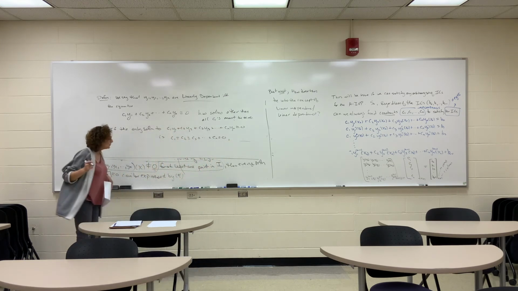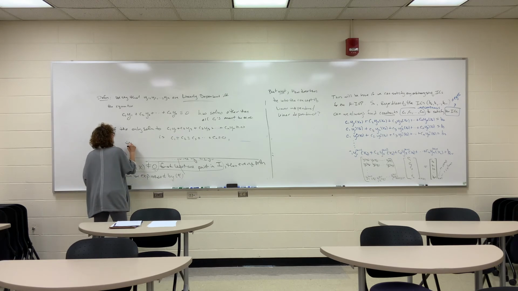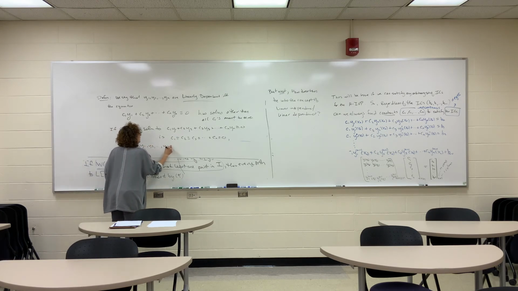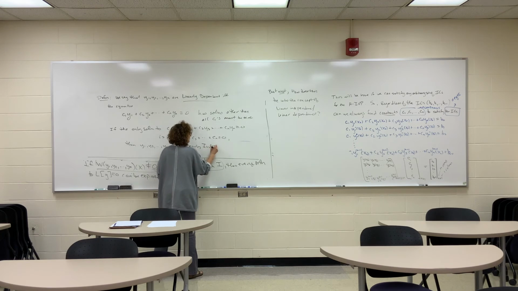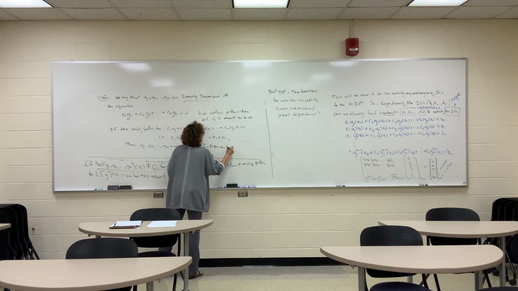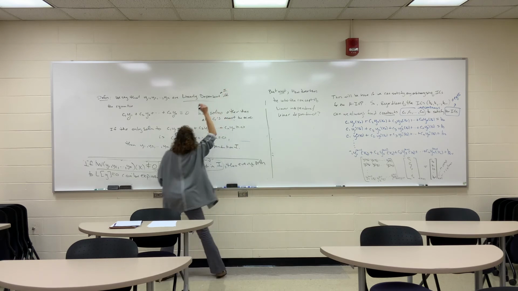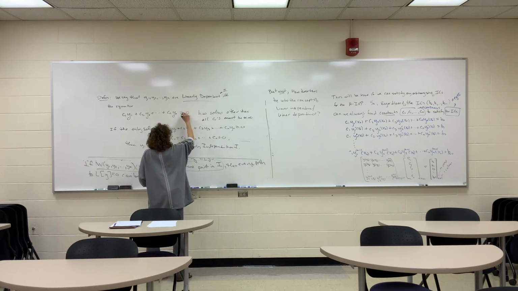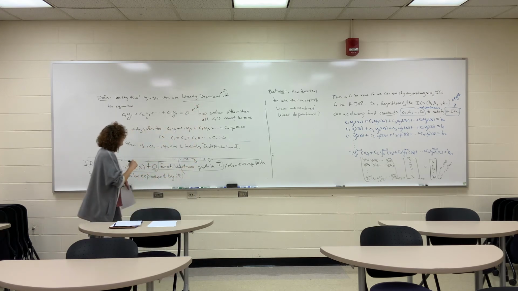If the only solution is that you have to make them 0, then the functions are linearly independent on an interval, on I. They're linearly independent on I. This equation on all of I has solutions, right?